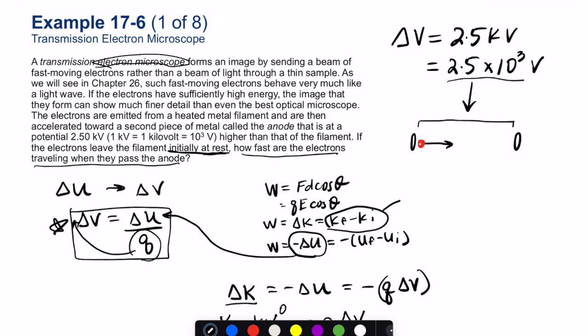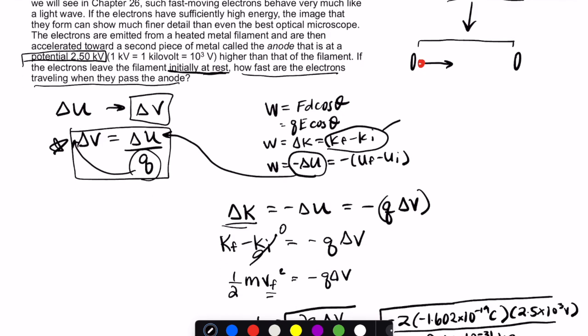You need the knowledge of what this potential of 2.5 kilovolts means, and that is your delta V. And then second, you need to know the relationship between delta V and delta U. And then third, you go back to the relationships between work and potential energy and kinetic energy, and you use that to bring in delta K so that you can find the velocity.